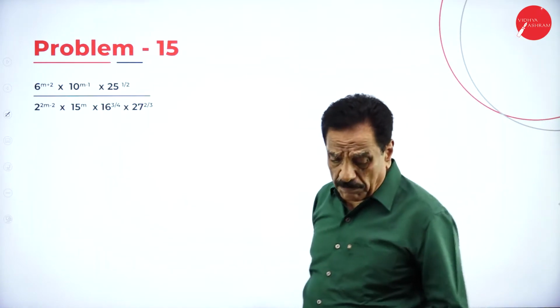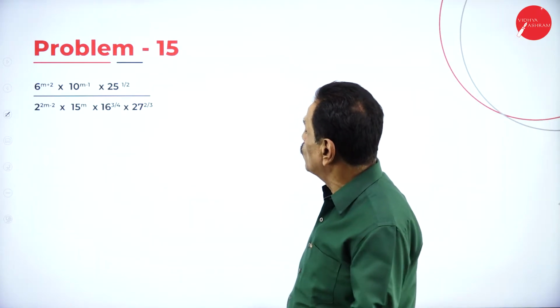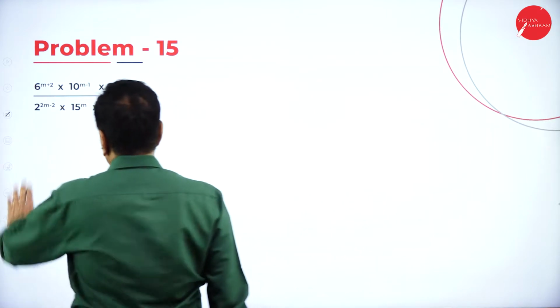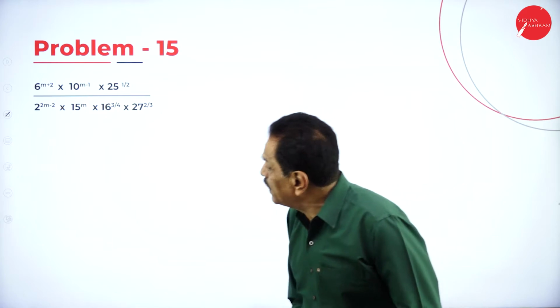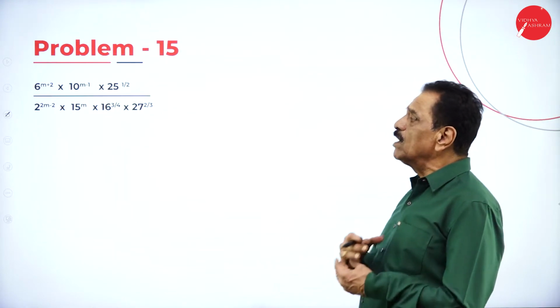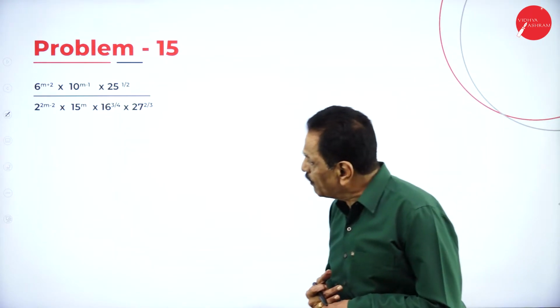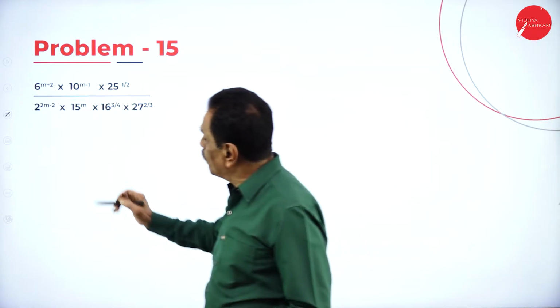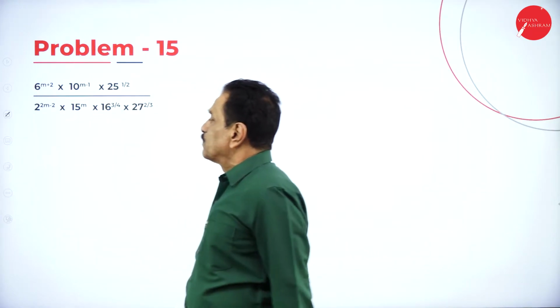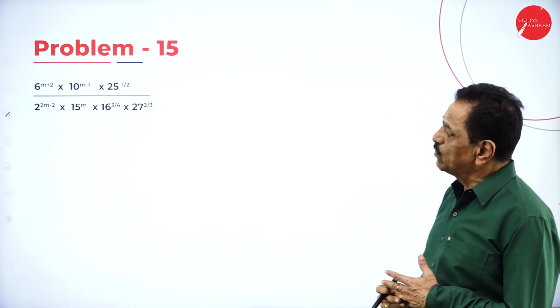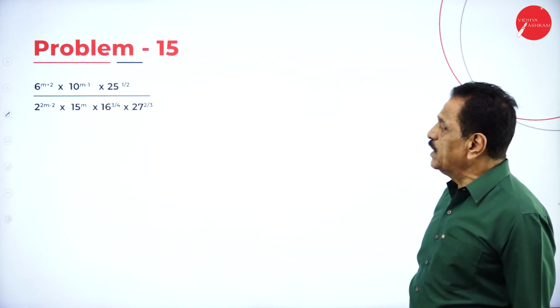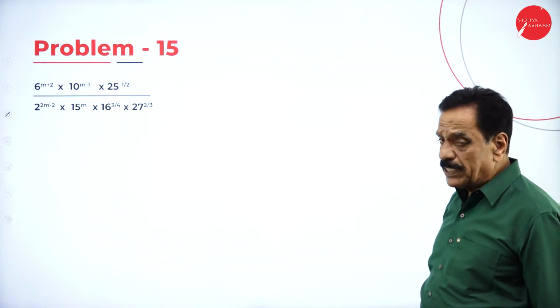We'll move on to the problem now. Slowly we are going to simplify this. 6 to the power of m by 2 into 10 to the power of m minus 1, 25 to the power of half, 2 to the power of 2m minus 2 into 15 to the power of m, 6 to the power of m, 16 to the power of 3 by 4, 27 to the power of 2 by 3.